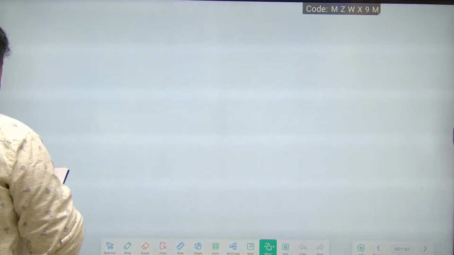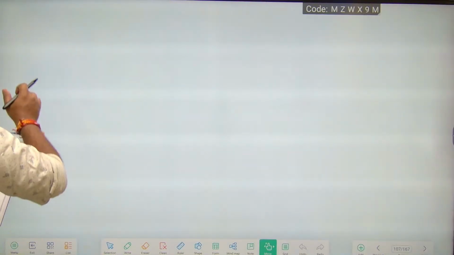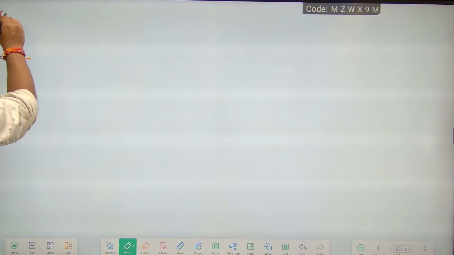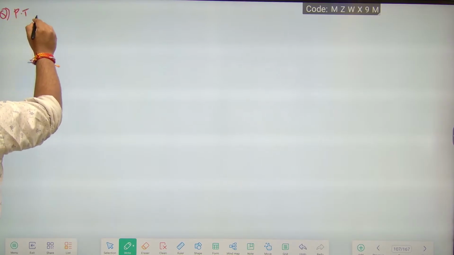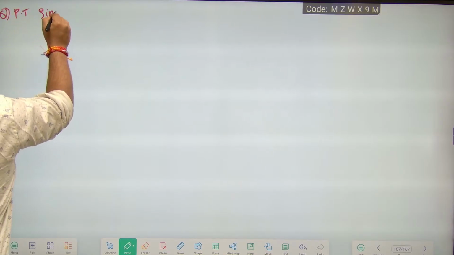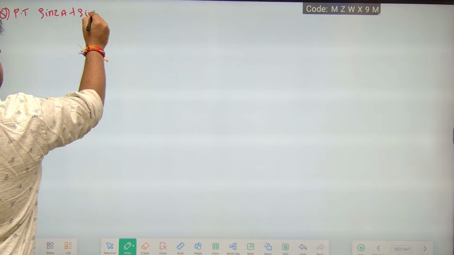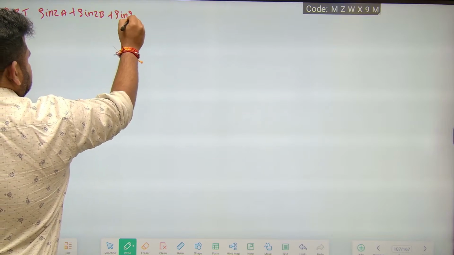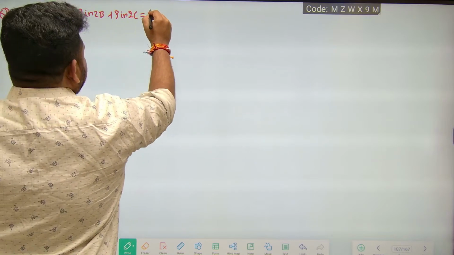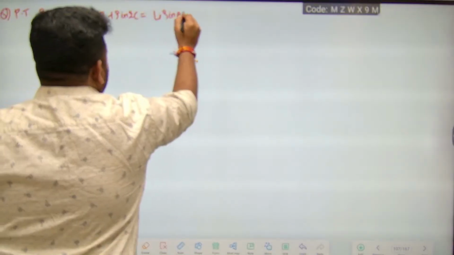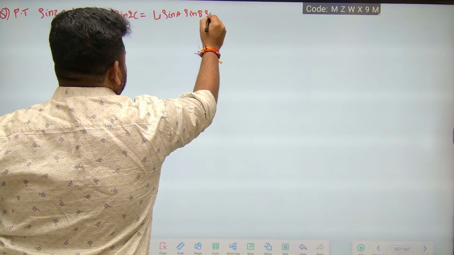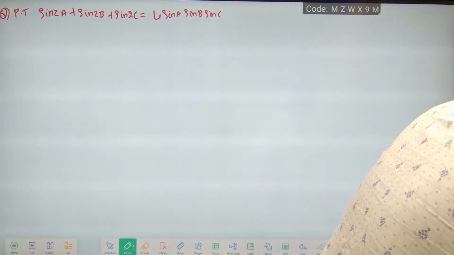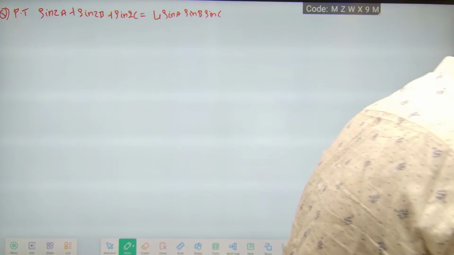So they are telling, if A, B, C are angles of a triangle, prove that sin 2A plus sin 2B plus sin 2C is equal to 4 times sin A sin B sin C. This is what we have to prove.